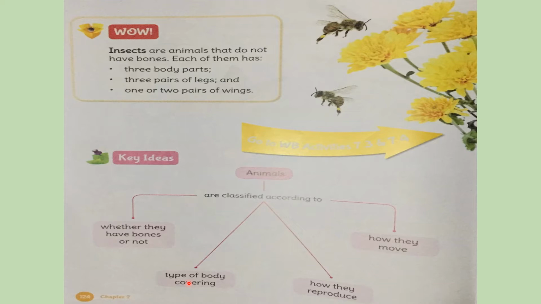Next, how about the animals that are covered by scales? Like snake, they are covered by scales. Like fish, like crocodile. So those are the examples of the animals covered by scales. How about fur or hair?